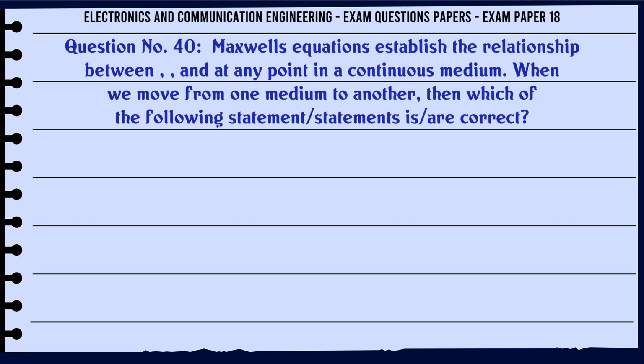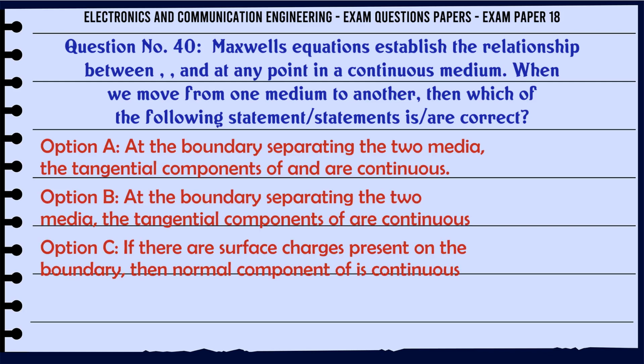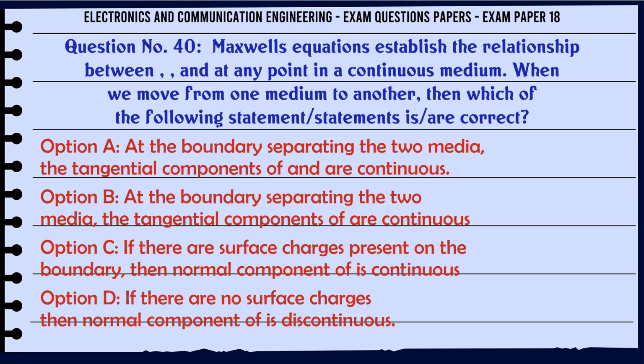Maxwell's equations establish the relationship between fields at any point in a continuous medium. When we move from one medium to another, which of the following statements is correct? A. At the boundary separating the two media the tangential components of E are continuous. B. At the boundary separating the two media the tangential components of D are continuous.